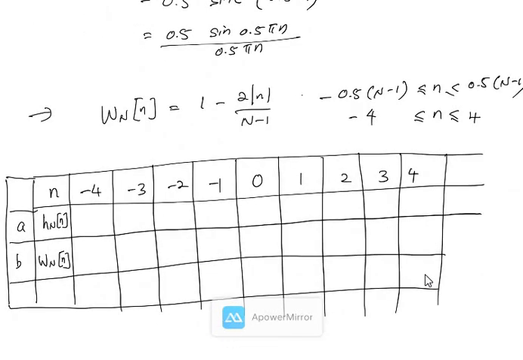I have calculated it, so I get 0, negative 0.1061, 0, 0.3183, then 0.5, then 0.3183, 0, negative 0.1061, and 0.